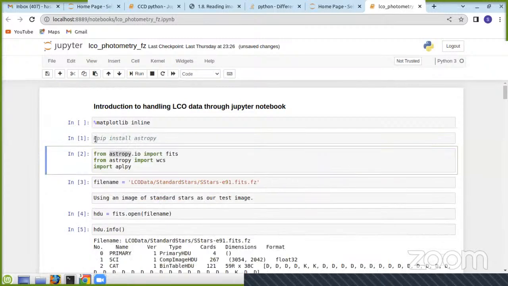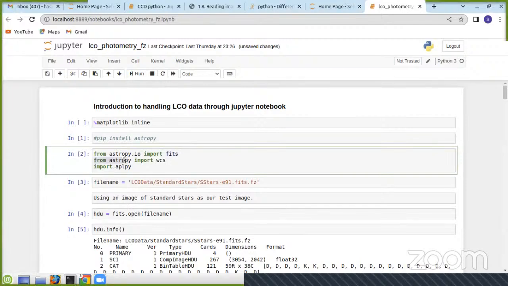So I'll comment that. And once AstroPy is installed, you have from astropy.io import fits. Since these files are in FITS format, this is the utility you require to read FITS files.